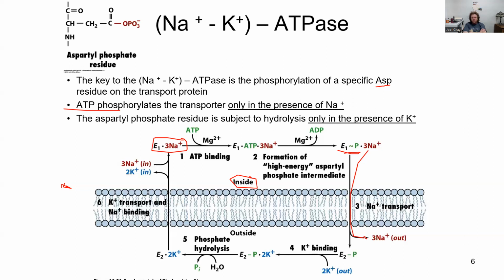So that aspartyl phosphate residue, which is illustrated in the upper left-hand corner, is going to be no more as of this point. So, yoink, despite all the great work that was done in order to discover this, there we go. Now, the result is we have an E2 form of our enzyme, which is bound to two potassium ions. Those two potassium ions are ready to be released on the interior side of the lipid bilayer, or on the interior side of the cell.